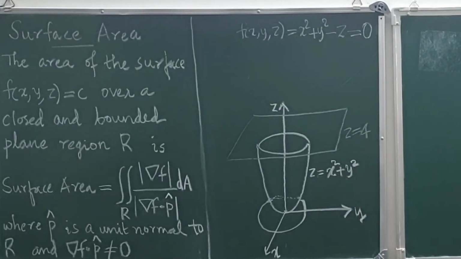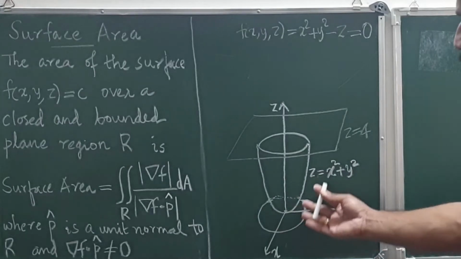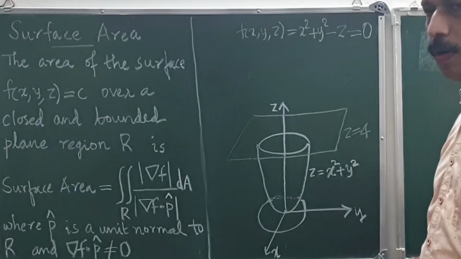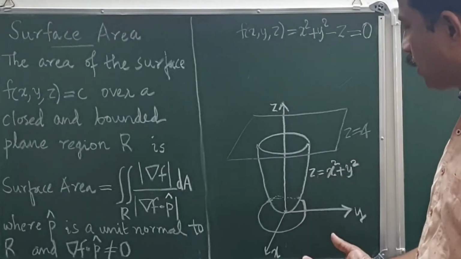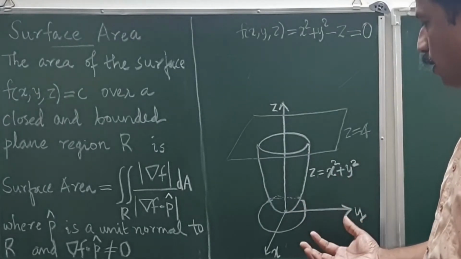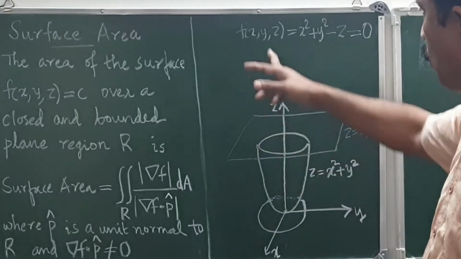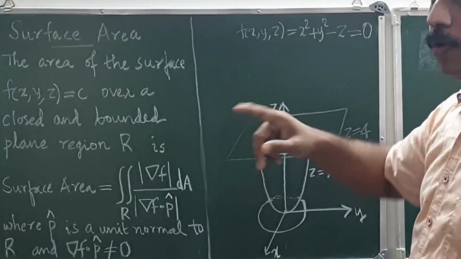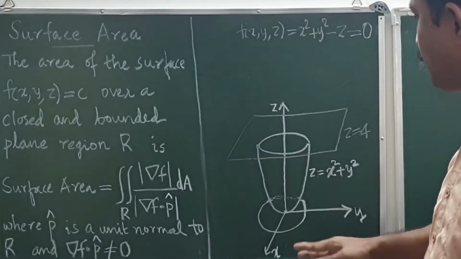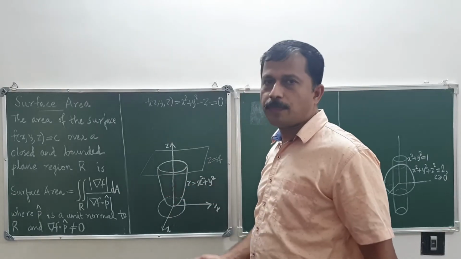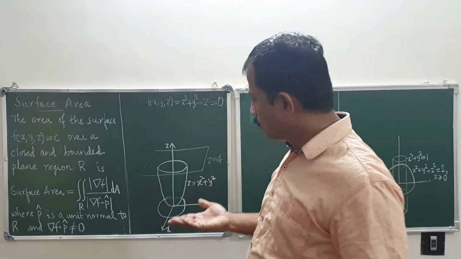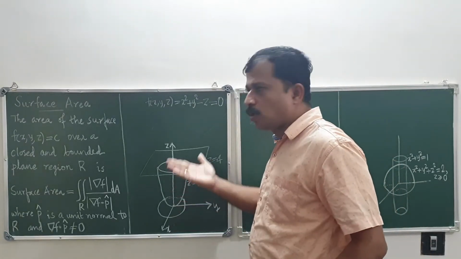Now what about the region R? The region R is the portion on the xy plane, that is the domain of this f, for which the graph of f is the portion of the paraboloid bounded by the planes z is equal to 0, that is the xy plane, and the plane z is equal to 4.